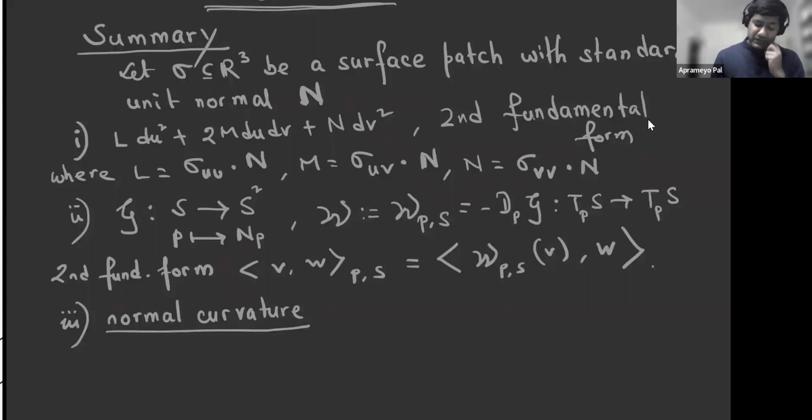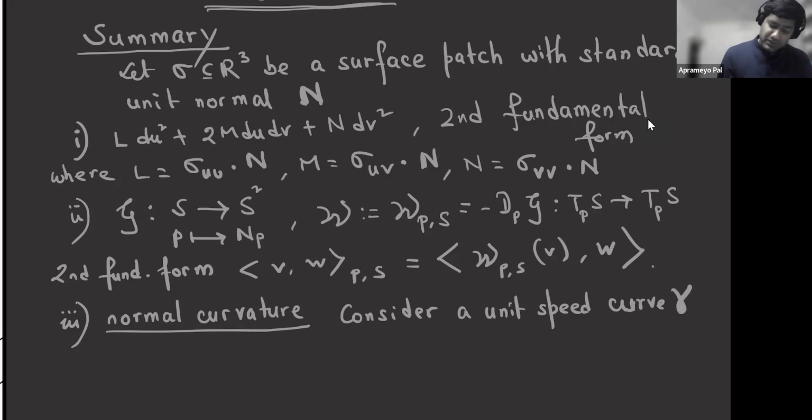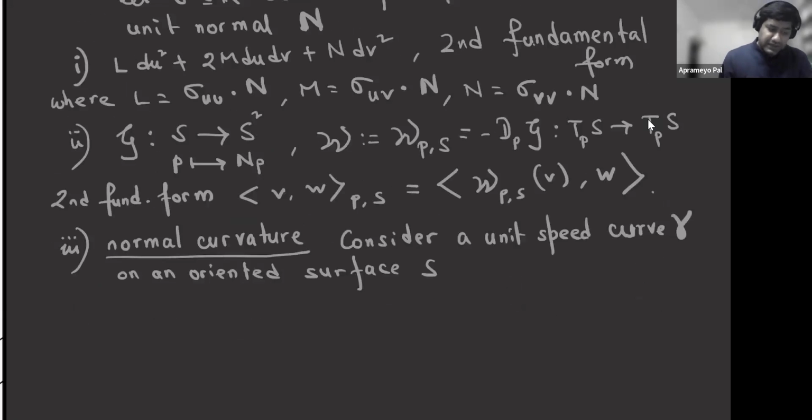For this, first you consider a unit speed curve gamma on an oriented surface S. Then, as a working definition, the normal curvature kappa_n is the projection of gamma double dot onto the unit normal, so gamma double dot dot n.